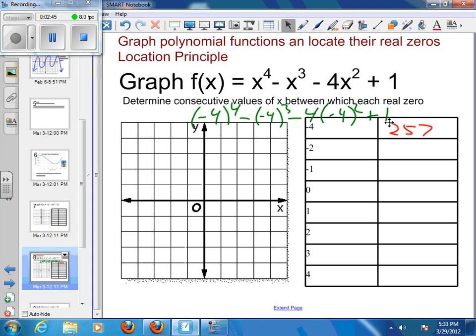Then I'm going to do the same thing and plug -2 into that big long equation. Let me write that all out for you. That would be -2 to the 4th minus -2 to the 3rd minus 4 times -2 squared plus 1. I'm going to plug that all into my calculator, and when I do that, I end up with a positive 9.